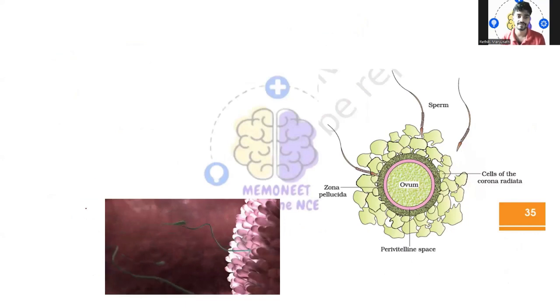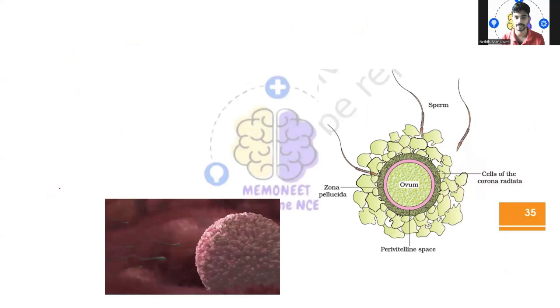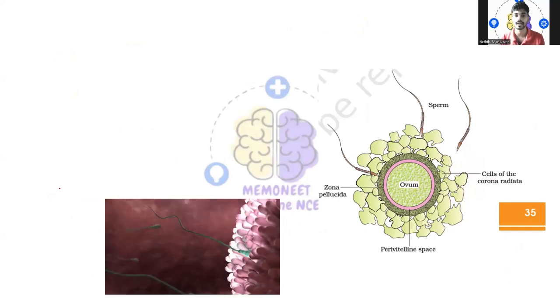Like in this graph, as you can see, the sperms are coming and entering into the ovum. During fertilization, a sperm comes in contact with this region.